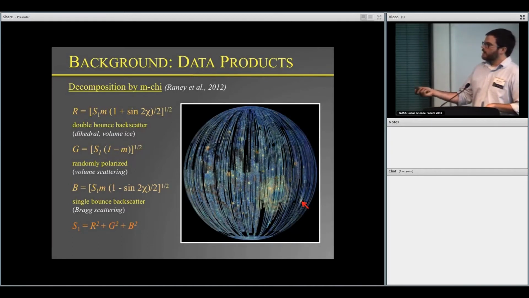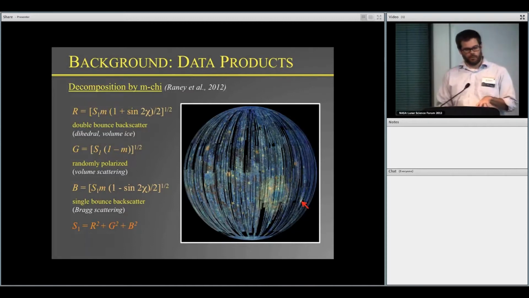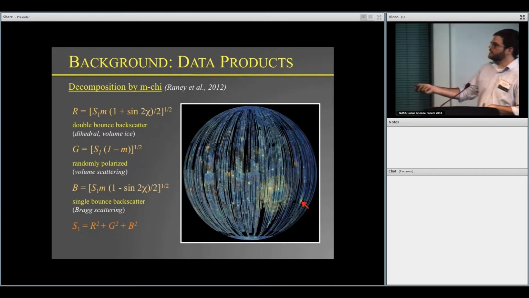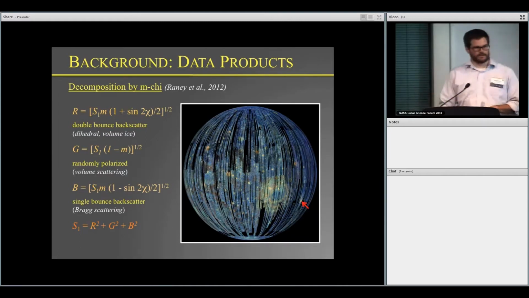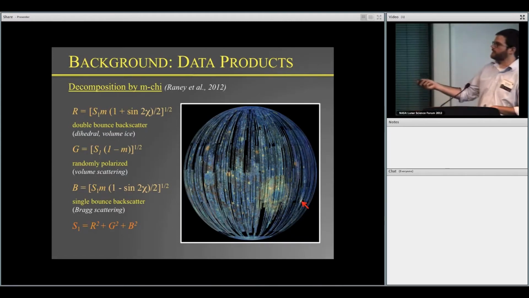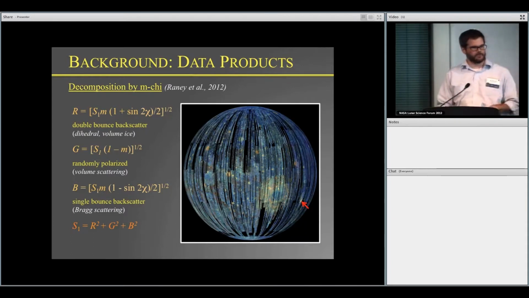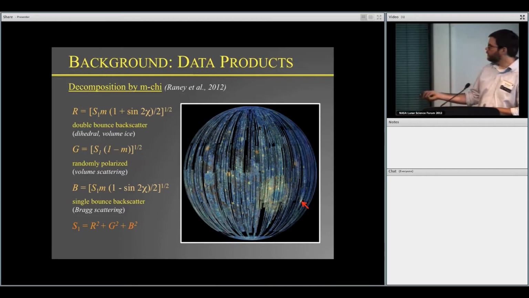Red and blue represent the portion of the signal that's polarized, and separate it into the direction in which it's polarized. So red represents even bounces returned from the radar. Blue represents odd bounces. Because most commonly it would be a double bounce or a single bounce, that's what we call it, but technically it could be 3 bounces and 4 bounces. You get my meaning.